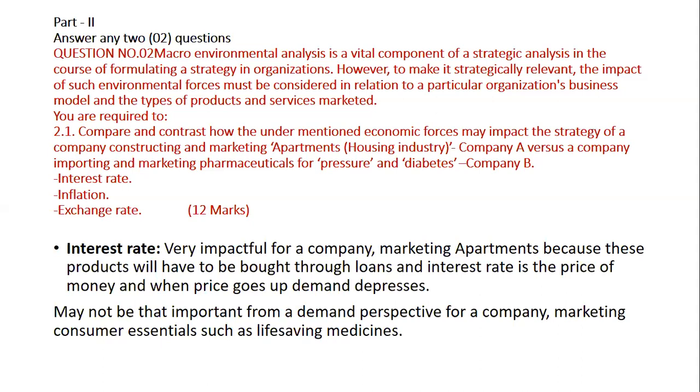Now it has come down slightly, as appreciation has happened. But exchange rates and inflation are against the local currency. What's the foreign exchange rate? These are coming under economic factors.